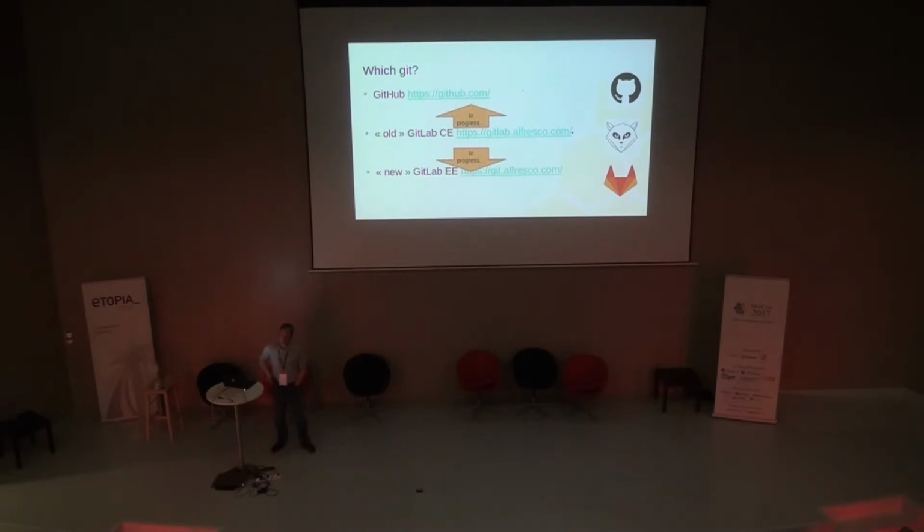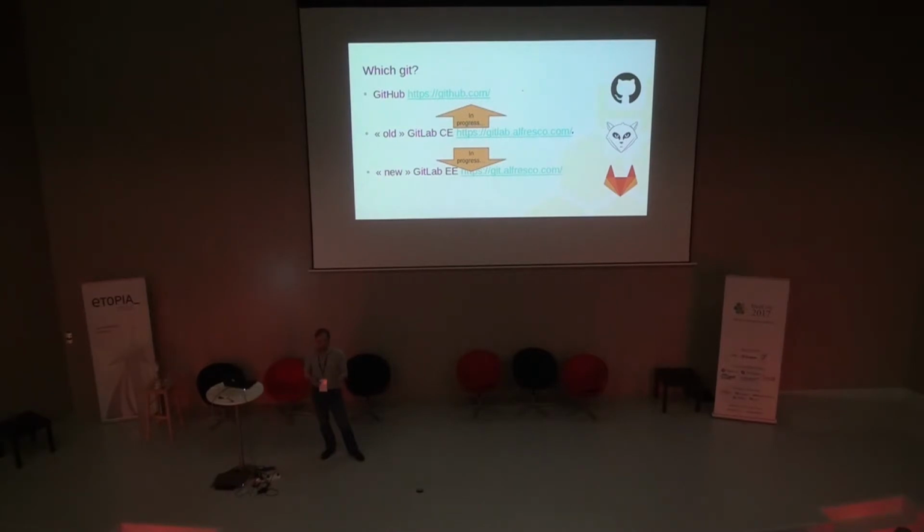So 6 months ago, we decided to do something about that, and we decided to have a proper internal Git solution. So we had a look at 3 different servers. We had a look at GitLab Enterprise. We had a look at GitHub Enterprise, which is basically hosting GitHub on your premises.